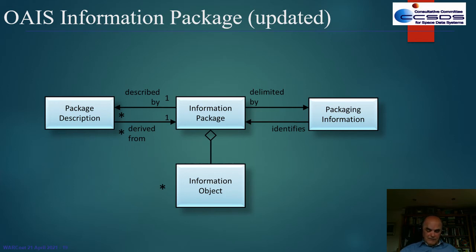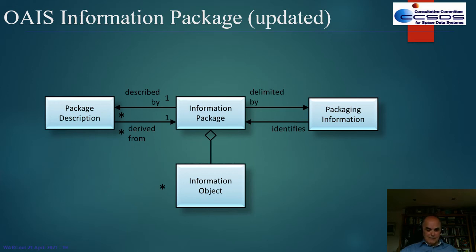The packaging information tells us how to unpack the bits that we receive. For example, if a zip file has a manifest file in it which lists and explains what all the other files are, the packaging information tells us that this is a zip file, which when unzipped will reveal a manifest file which lists and explains the other files.